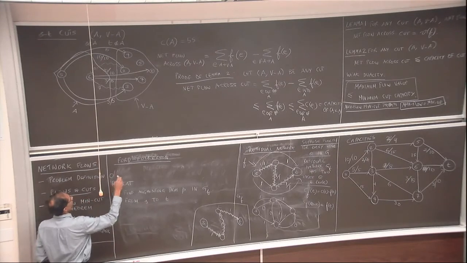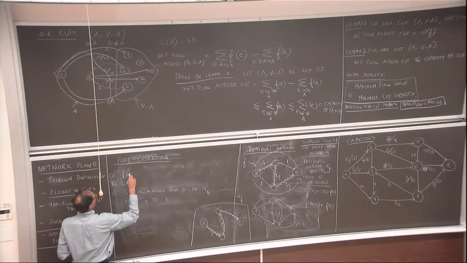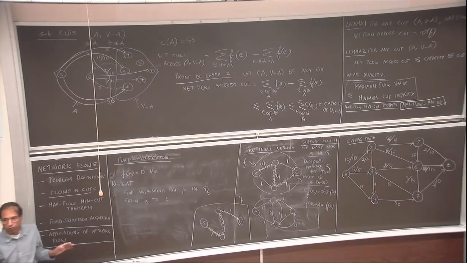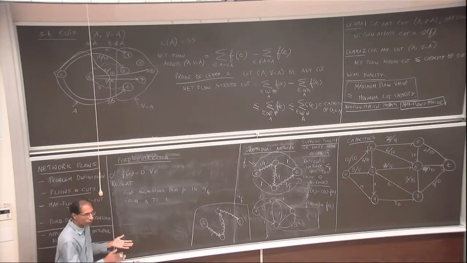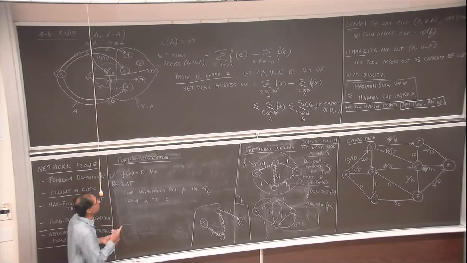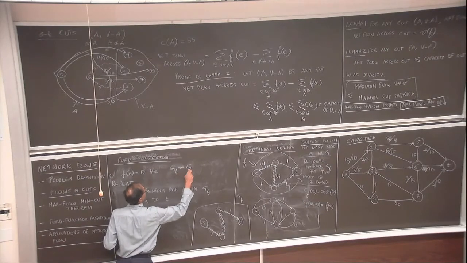Okay, so initially f is just empty. F of t equal to 0. So initially there is no flow. Okay? So if there is no flow, then the network that you are working with is basically the original network. So G_f is the same thing as G.